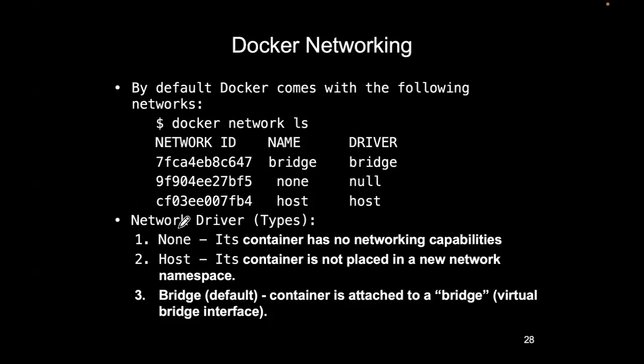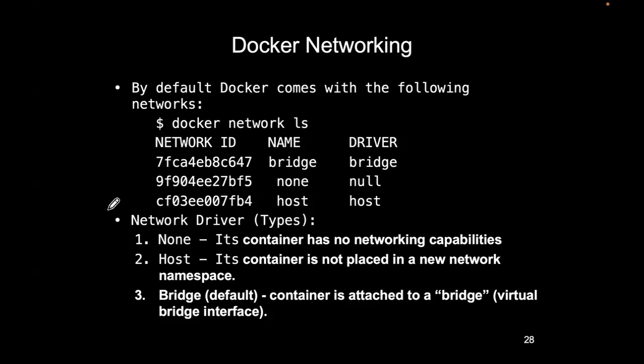Now, when you start up your Docker daemon locally or anywhere that you run the Docker daemon, as part of its startup, it creates a virtual network. In fact, it creates three virtual networks.